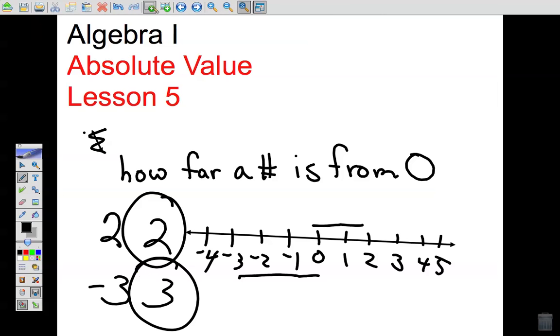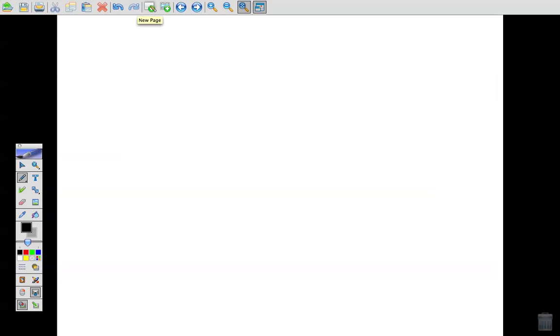Now, math is symbols. Remember, I asked you for the absolute value of 2 and the absolute value of a negative 3. Teachers and writers of books don't want to write out absolute value each and every time, so we use a symbol for it.